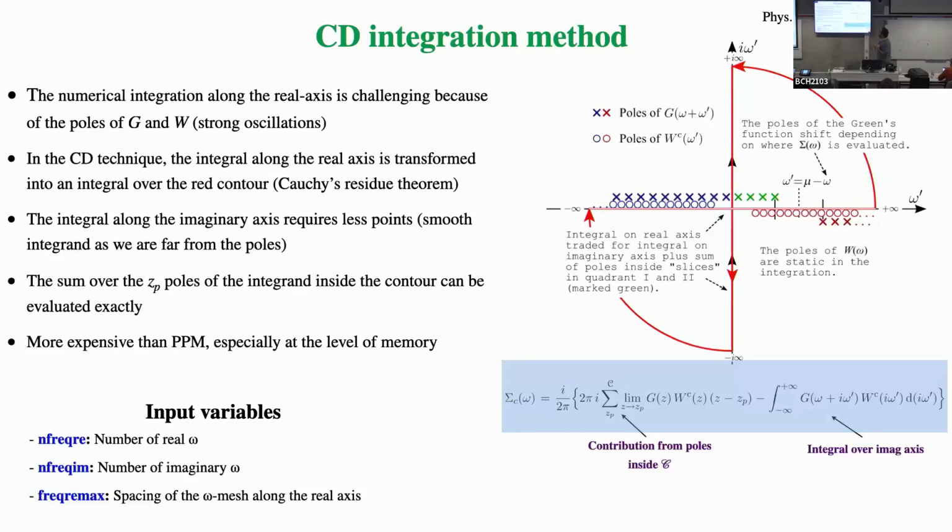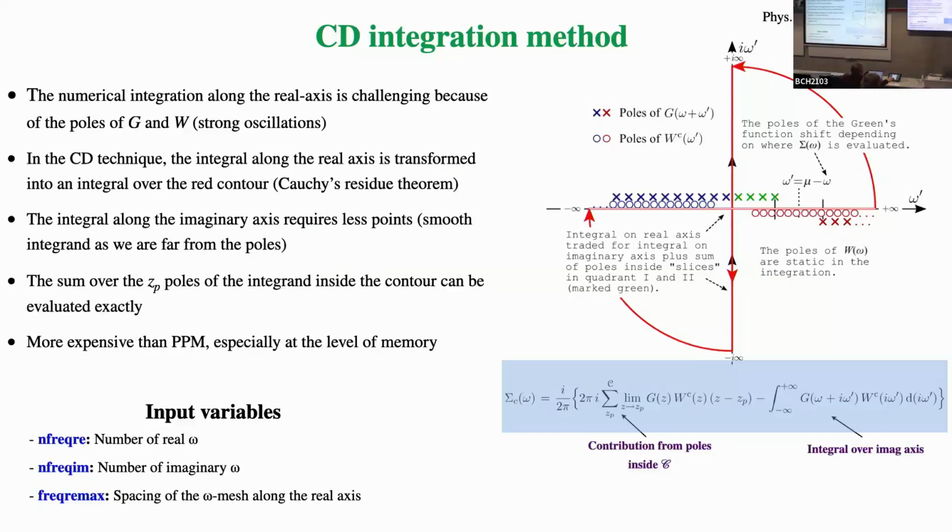And again, as I mentioned, these residuals are limited in frequency. There's a certain omega max, beyond which you don't have contributions. So this means that you don't have to sample from 0 to infinity. You can stop, I don't know, here in the calculation of the self-energy. So usually this requires fewer frequencies than a brute force integration. But if the two methods are converged, then you should get the same spectral function.